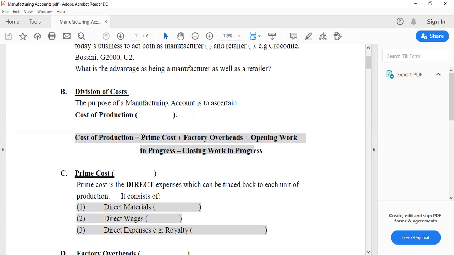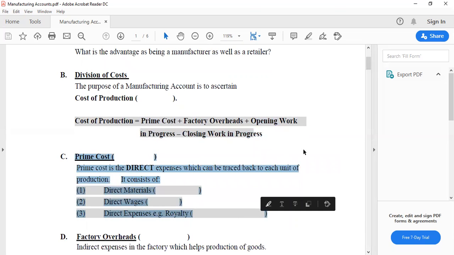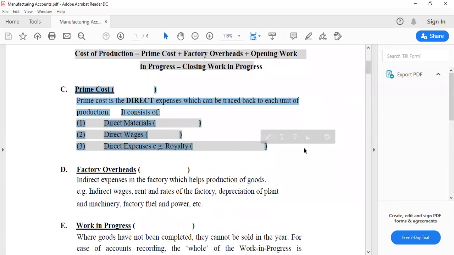We look at the breakdown of these costs, the details of each. First, what is prime cost? Prime cost is the direct expenses that can be traced back to each unit of production, that is, the cost which can be directly identified with the final output of the business.